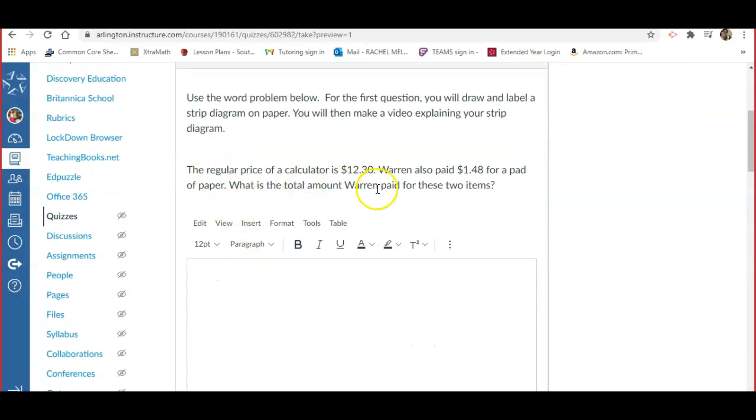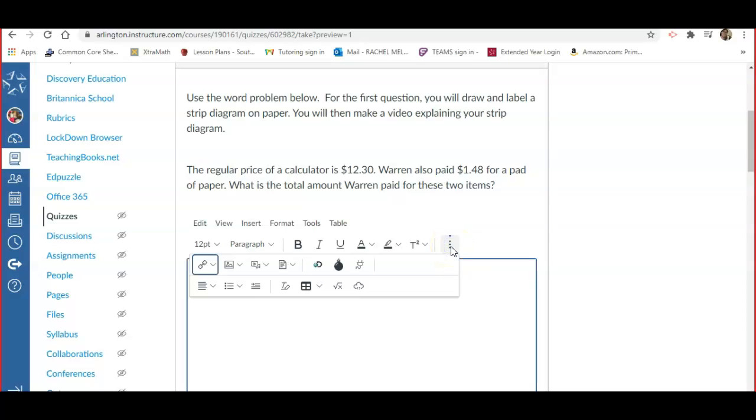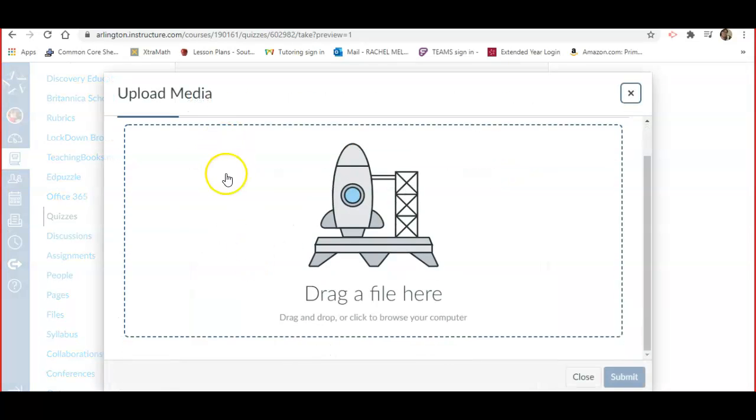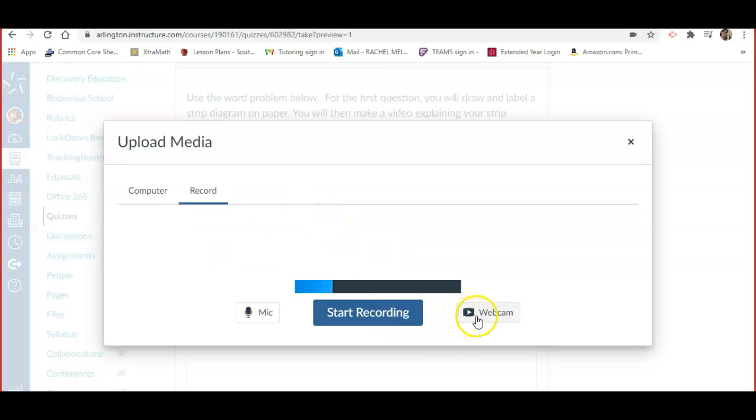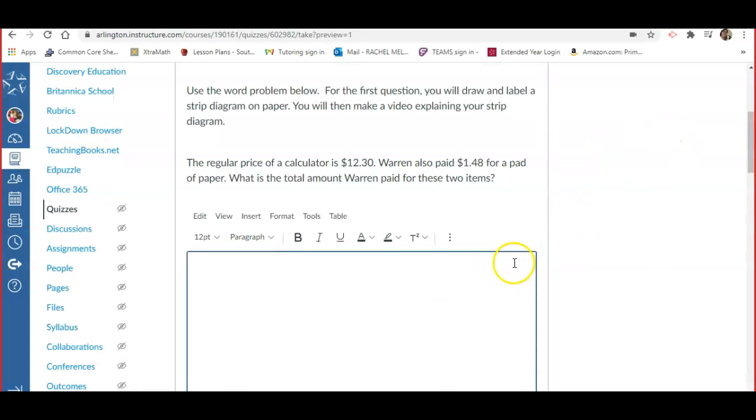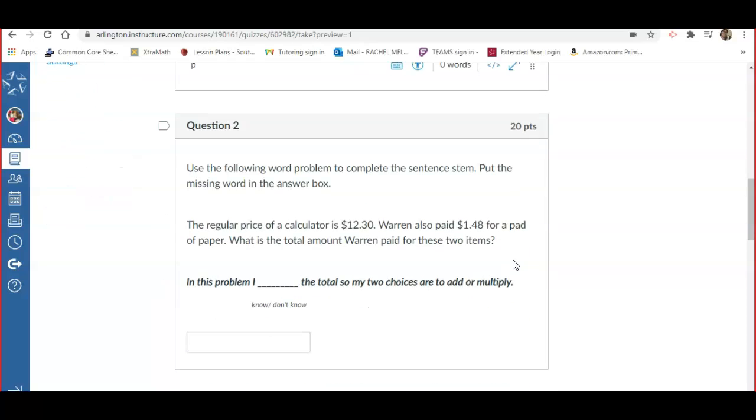Okay, so the question is right here. Remember, to make a video, you go to the three dots and you click on this little play button with the music. Okay, then you hit record and you're going to do your webcam because you're going to take a video. Okay, so that's the first question, is to make a video with your strip diagram.